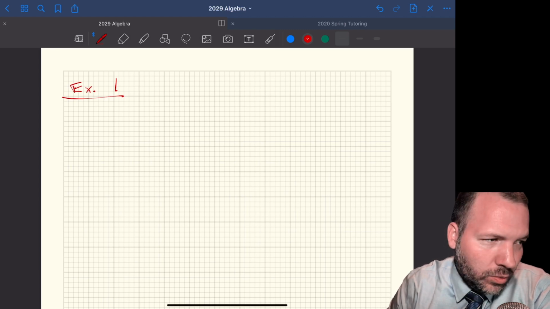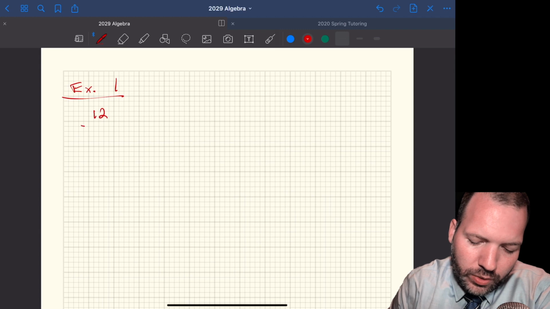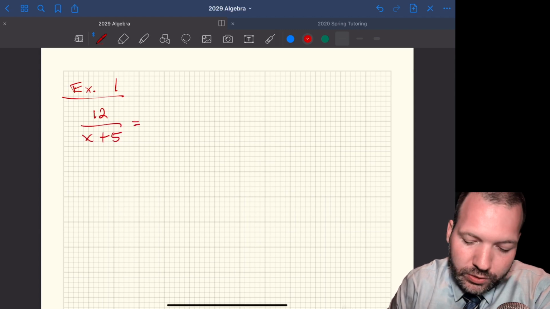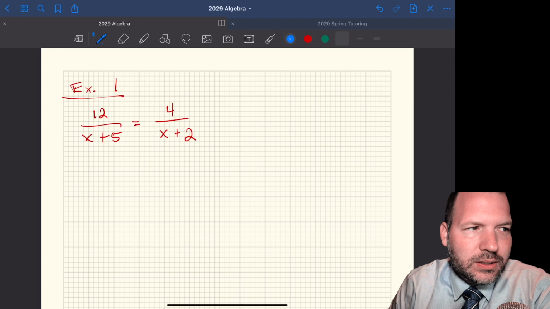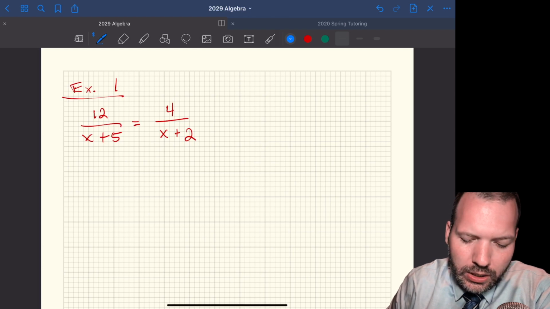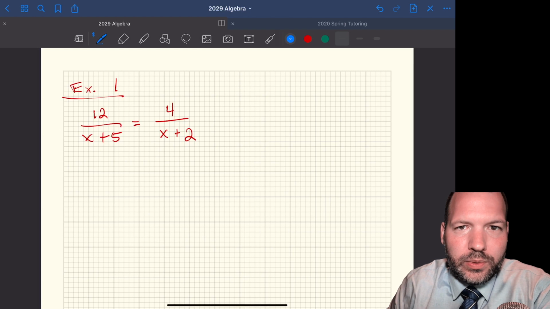For this first one, we have 12 over x plus 5 equals 4 over x plus 2. And the book doesn't specify this. It doesn't get into this till the last example, which seems super backwards to me. The very first thing we should be doing when we solve rational equations is make sure we know what our excluded values are.